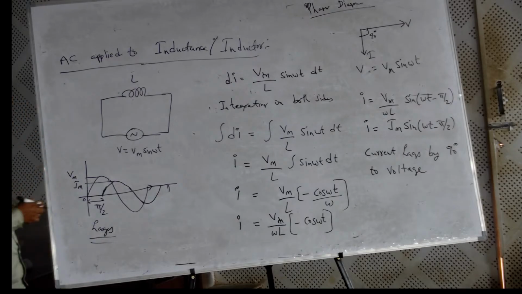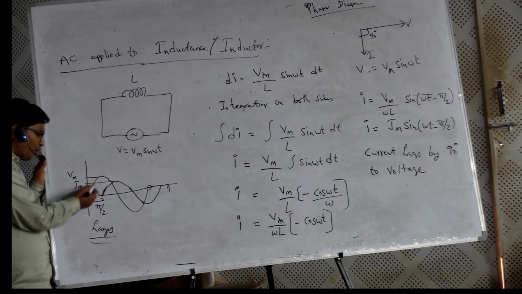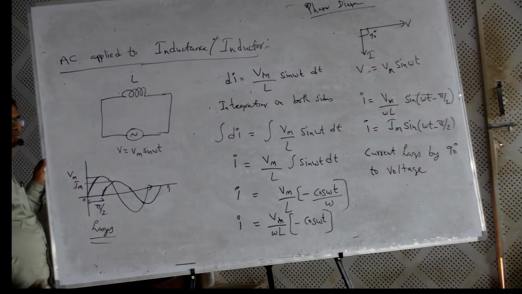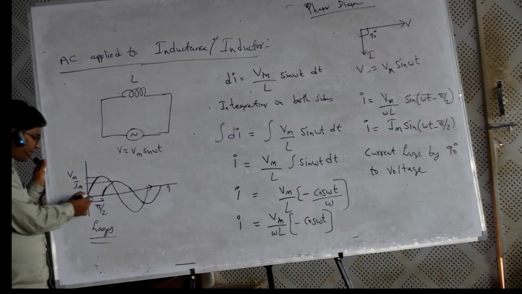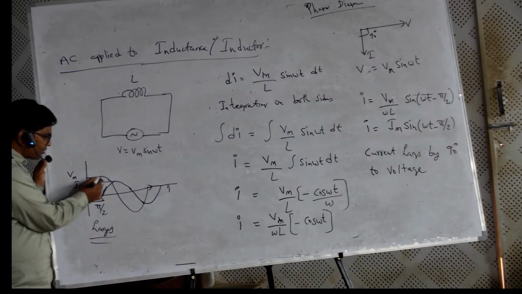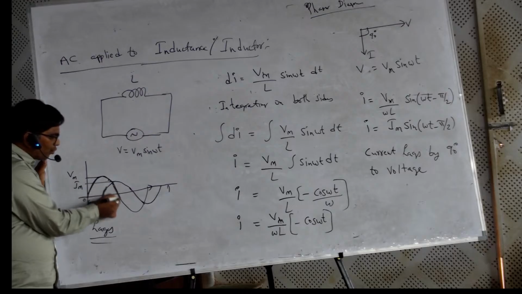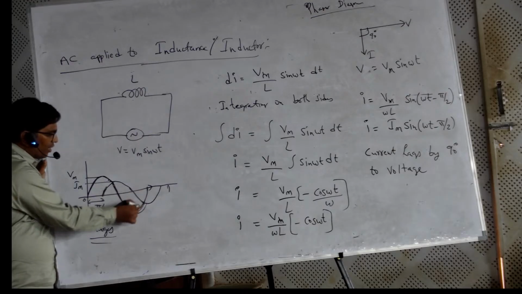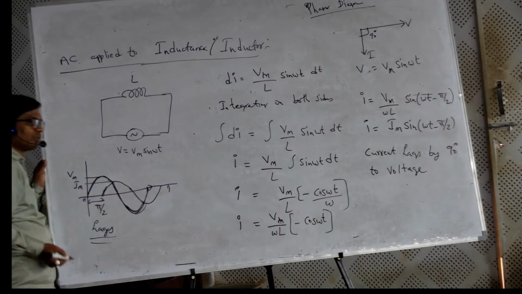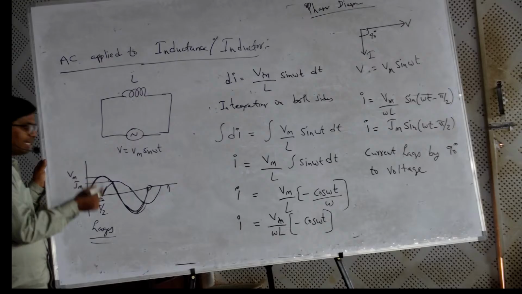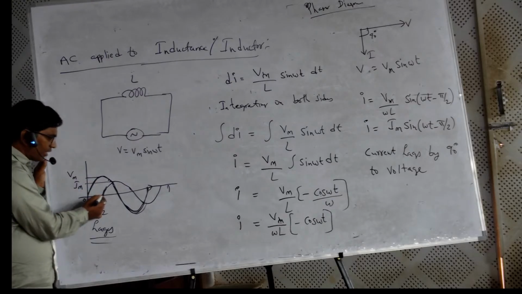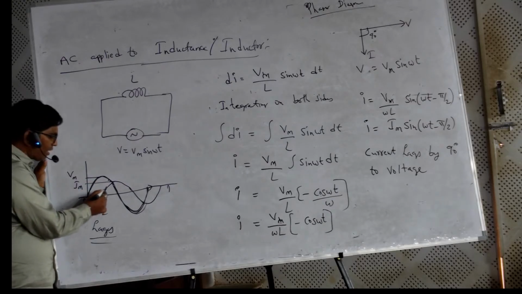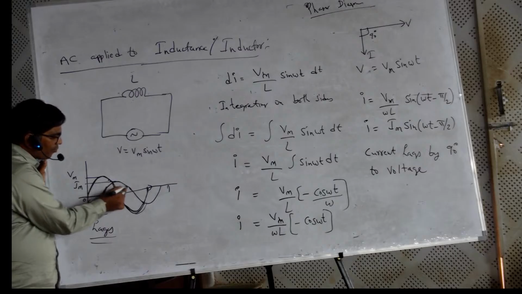So with respect to the x-axis, the voltage waveform is first. What is the magnitude? Vm is the magnitude. Next, by 90 degrees. Yes, it is 90 degrees. Current waveform. What is the magnitude? Im.